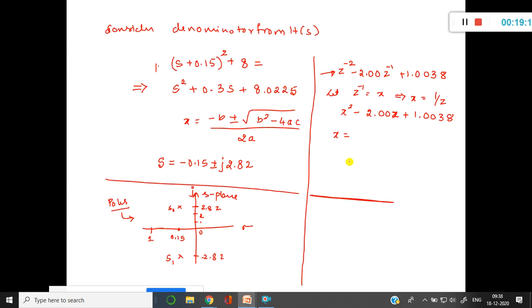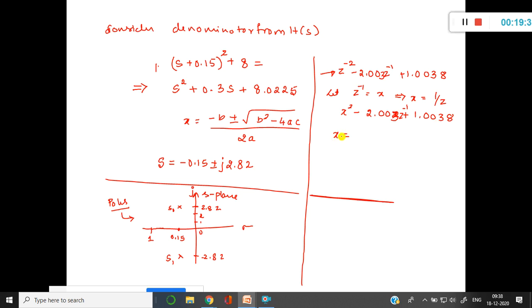I am considering that to find my poles in z domain. I replace z inverse by x for simplification, so that this becomes x square minus 2.003 x plus 1.0038.